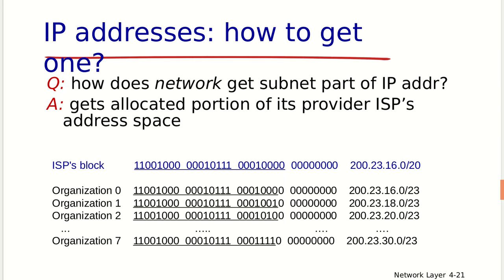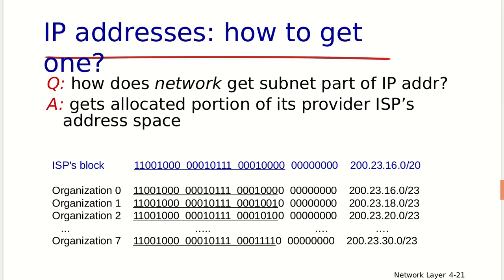Organization 1 uses another one, 200.23.18.0. Organization 2, 200.23.20.0. Finally, organization 7, which is 200.23.30.0. So each of these organizations is borrowing 3 additional bits from the host side of the main block given to the ISP.